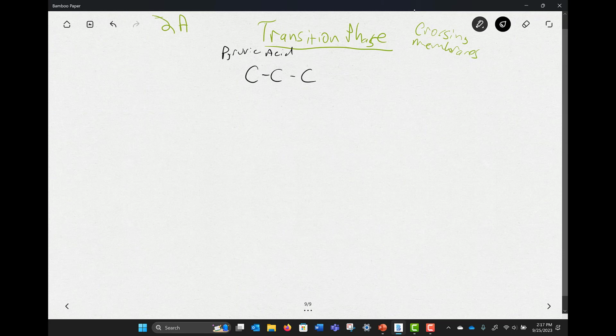So here's our pyruvic acid. Now I'm going to draw 3 things that happen. And I'm going to draw them one after the other. In reality, they all 3 happen at about the same time. It is one very quick set of reactions that happen simultaneously, but I'm going to draw them one at a time.